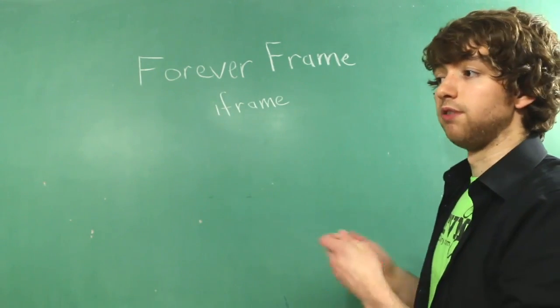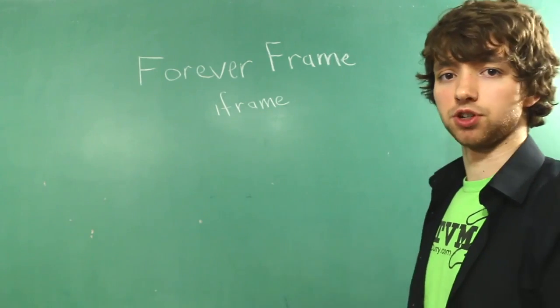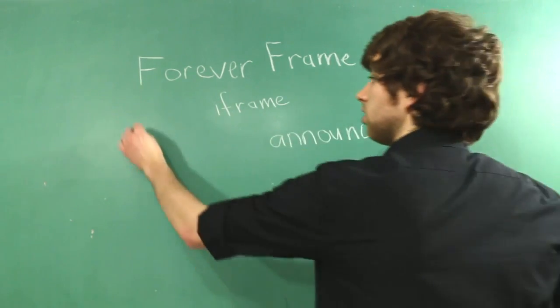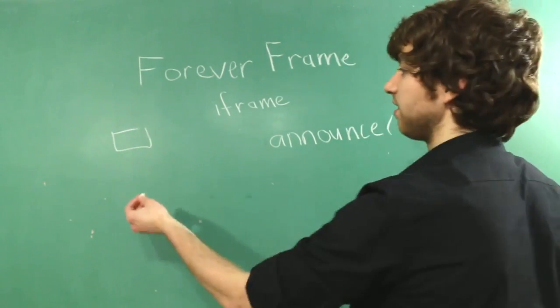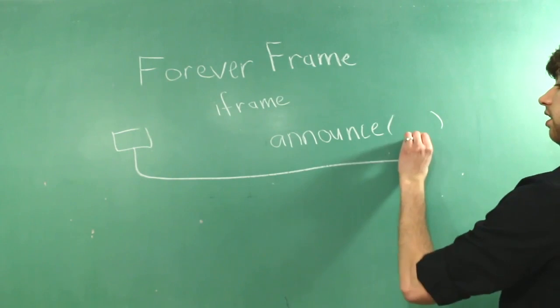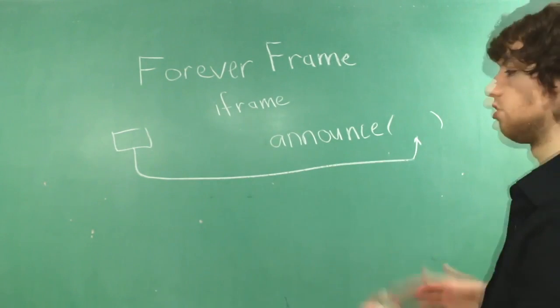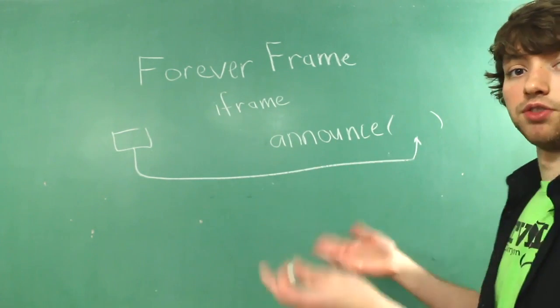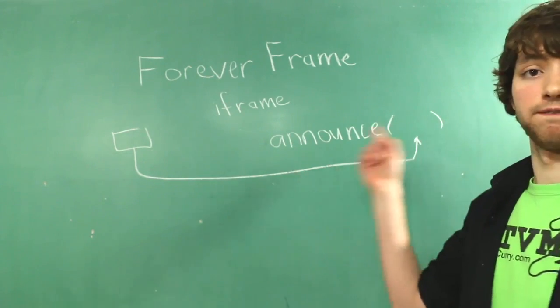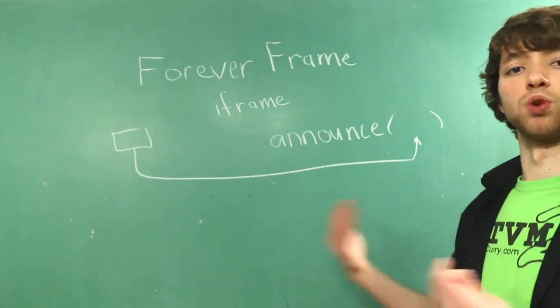And once this connection is made through this iframe, the server is able to run stuff on the client. So if we have a JavaScript function that's called announce, well, on the server, it is able to call this function and give it data. So it could announce something on the client by putting data in the announce function, and then that function runs.